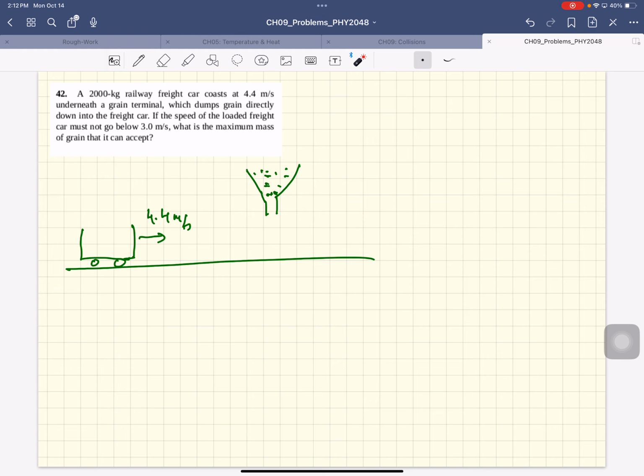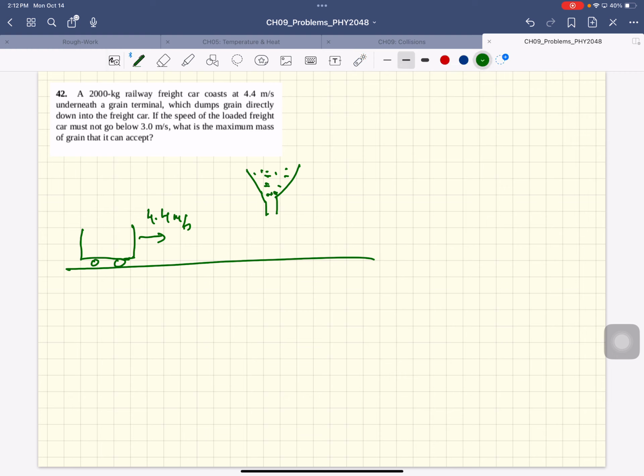So you have to do this kind of stuff when you have a lot of grain to load. When the grain falls, the force of the grain is downwards, and that's balanced by the normal force. So external force on this guy is 0.